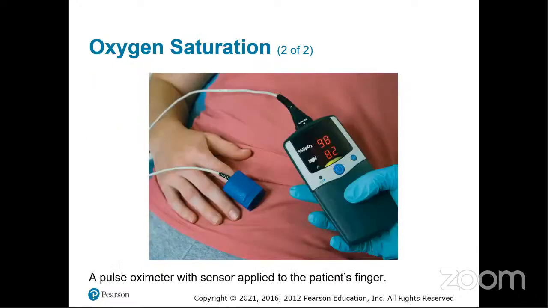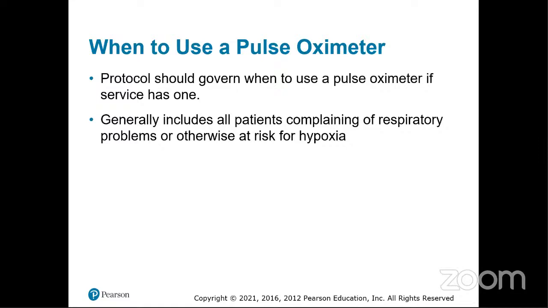It's going to measure through the finger, and if you can see, this one has a saturated oxygen of 98% and a pulse rate of 82. This says it generally includes all patients complaining of respiratory problems or other risk of hypoxia. Just do it on every one of them. Every patient should have a pulse ox. That's an easy one.